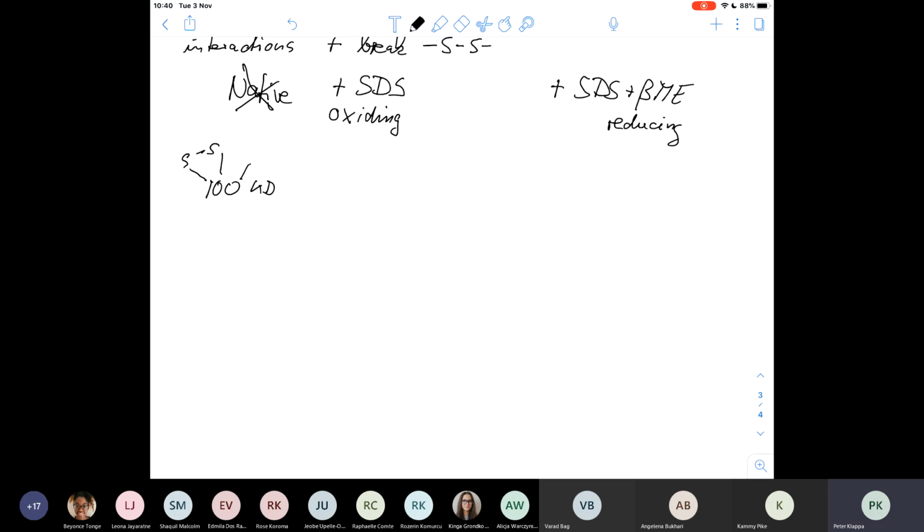It is also connected via a disulfide bond to another unit, which is 50 kilodalton. And as it happens, this 50 kilodalton protein is associated with another subunit that is a 25 kilodalton.